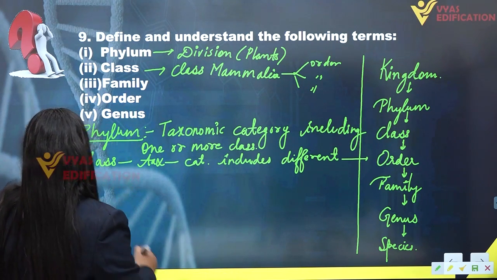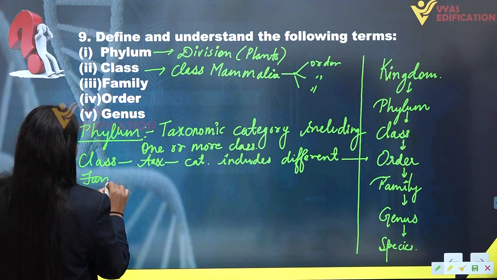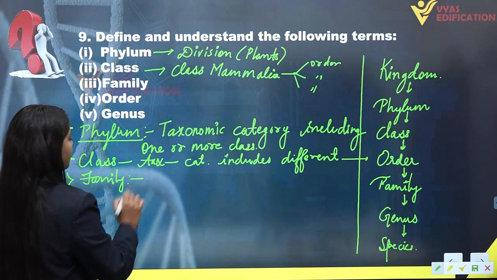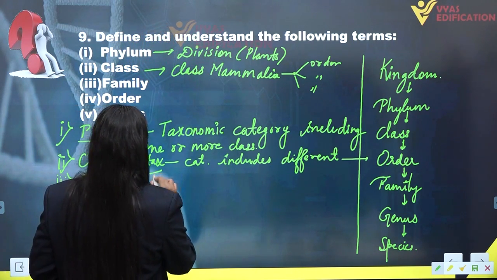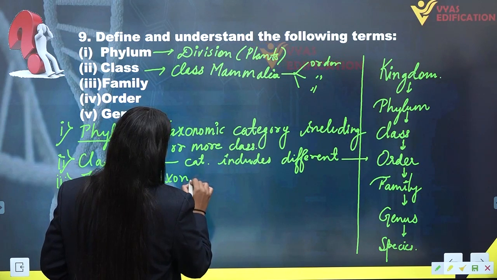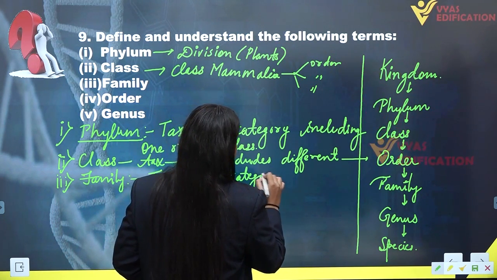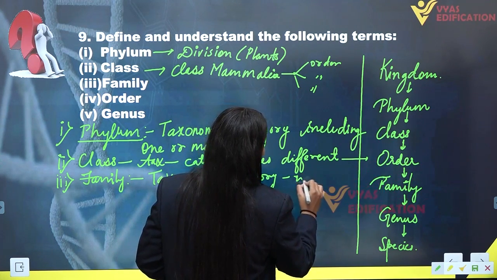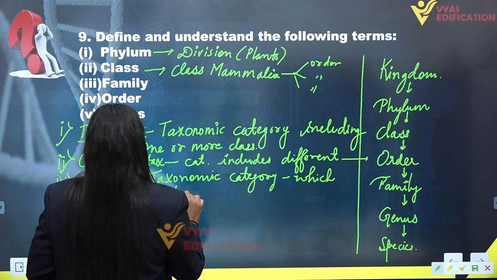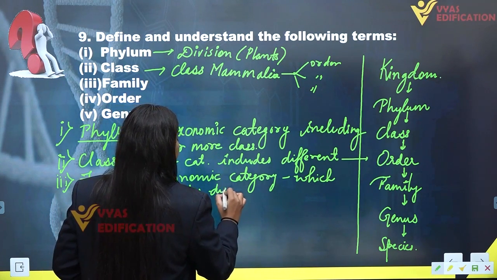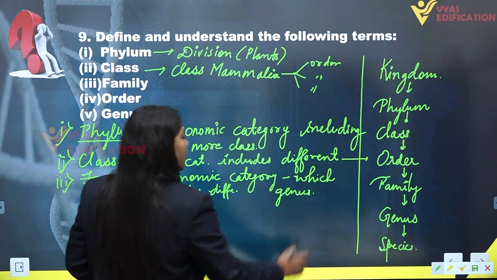Alright, then comes the third term, that is family. Now what do you mean by family? It is of course also a taxonomic category which includes different genera.